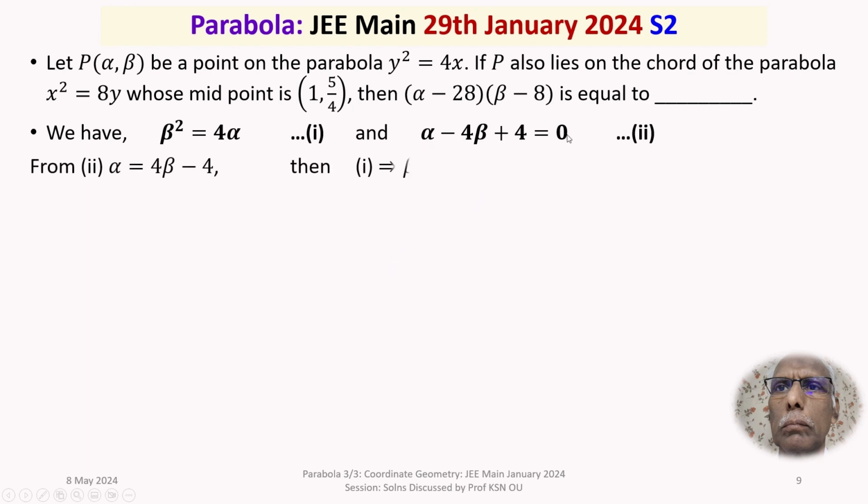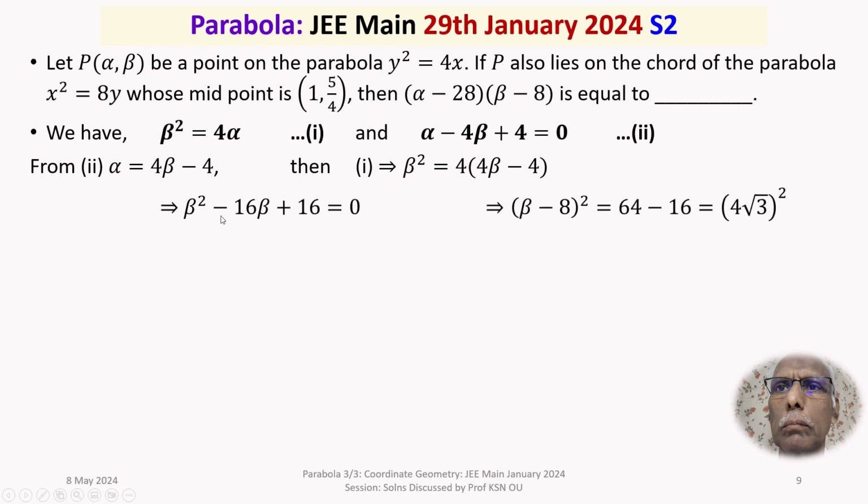Take the second equation and express alpha in terms of beta, that is alpha is equal to 4 beta minus 4. Substitute it in the first equation, beta square is equal to 4 times (4 beta minus 4). Everything is in terms of beta, so simplify, and we get a quadratic equation in beta: beta square minus 16 beta plus 16 is equal to 0.